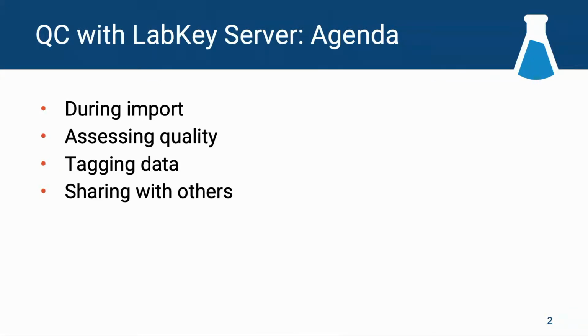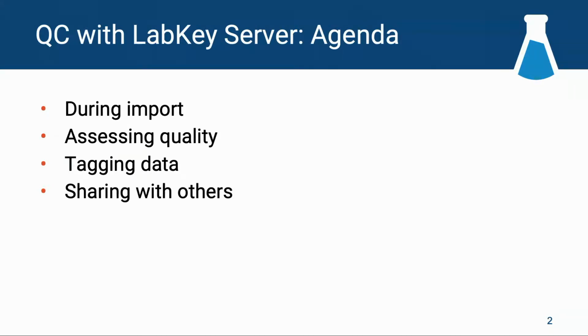So the basic sequence, I thought, is taking data from whatever your source is, getting it into LabKey, doing some reporting and analysis of it, explicitly tagging it with what its state is, whether it's been reviewed, whether it's been approved, whether it's been rejected, whether it needs to be rerun or something like that.